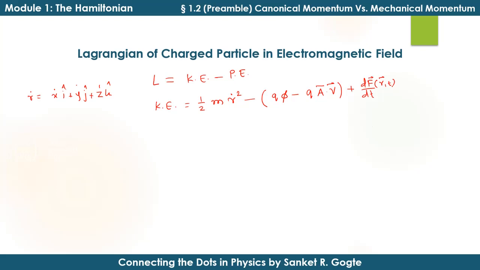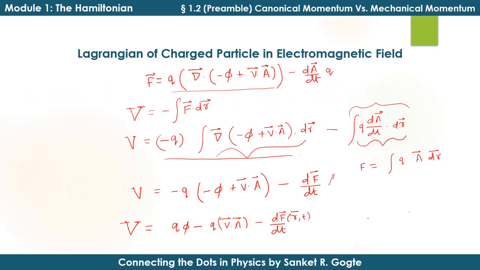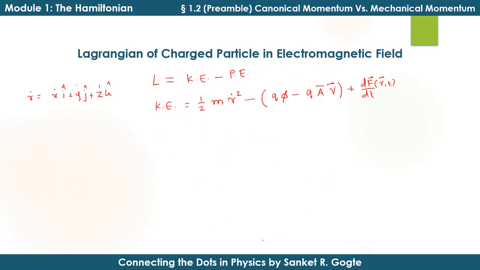Let me check if I am correct. So therefore, this is not kinetic energy, I have written the Lagrangian here. So the Lagrangian of the charged particle is given by 1 by 2 m r dot square minus q into phi plus q into A dot v.